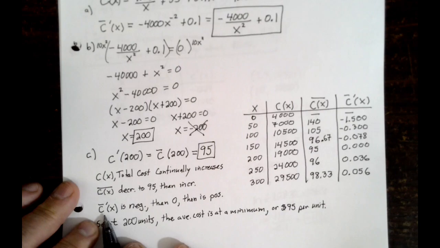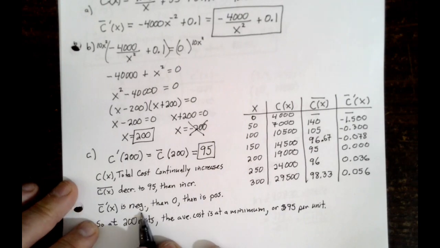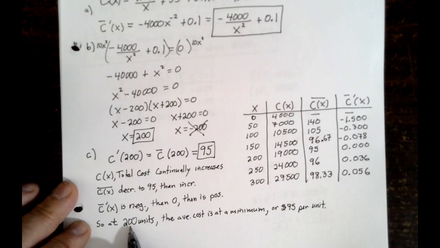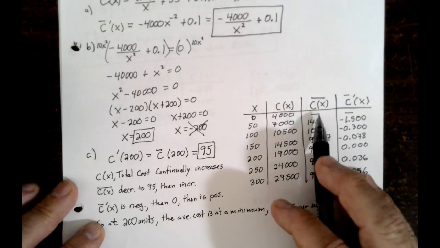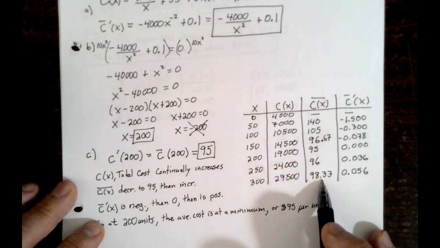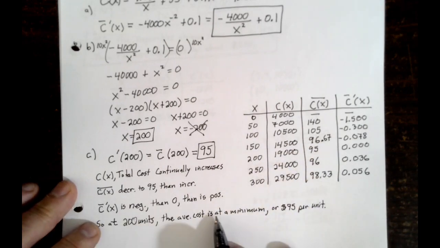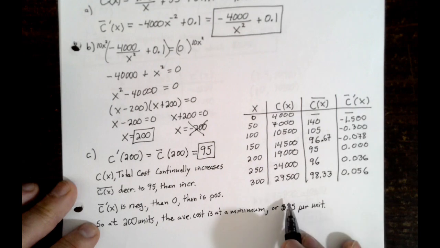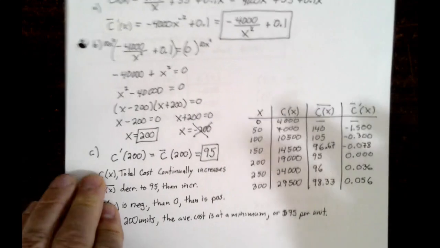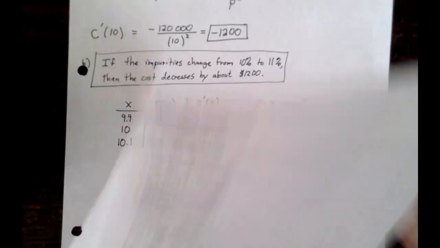And the change in the average cost is negative, and then it's 0, and then it's positive. So at 200 units, the average cost is at a minimum. You can see here it's at 140, and it decreases to here, and then it starts to increase again. So if you want to minimize your costs per unit, you would want to produce 200 units, and that would produce a cost of $95 per unit.